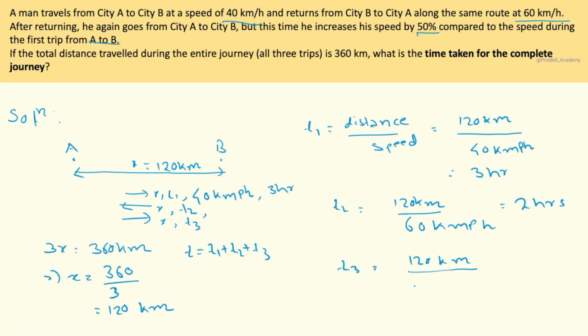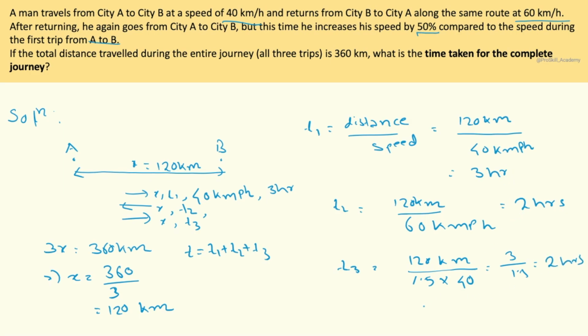We will see how we simplify this in our discussions on percentage also. But if it increases by 50%, what we can write is 1.5 into 40. Now if we simplify, we get 120 divided by 60, which is again equal to 2 hours.